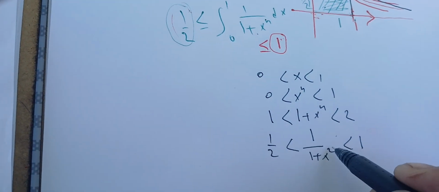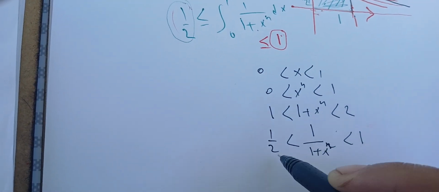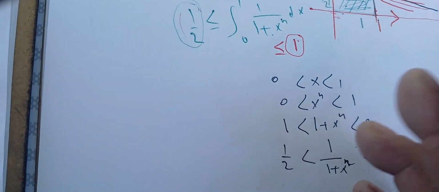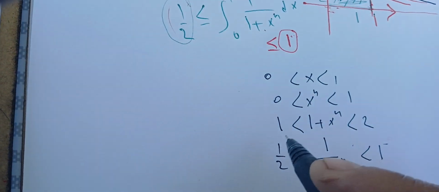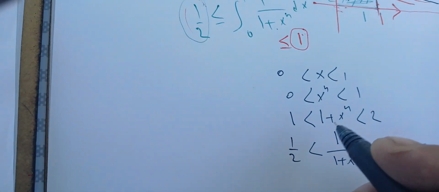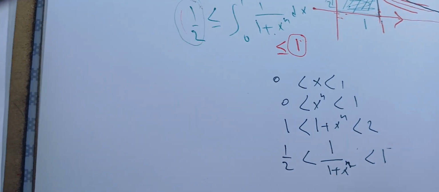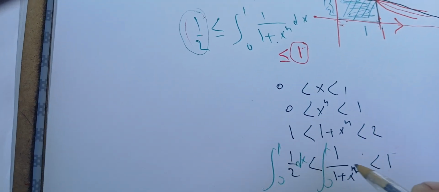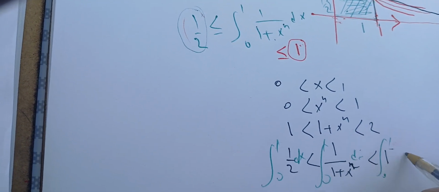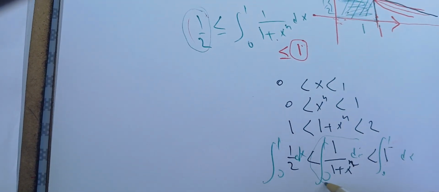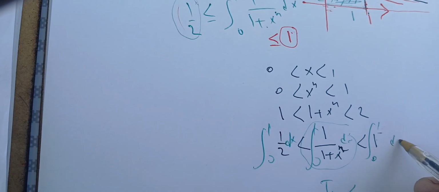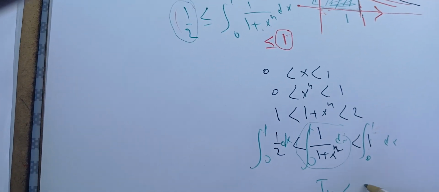Now we have our x to the power n. When we integrate, the integration preserves the order. So we're going to have the integral between 0 and 1 of dx, of each of these functions. Here we integrate 1 between 0 and 1, so we have 1.